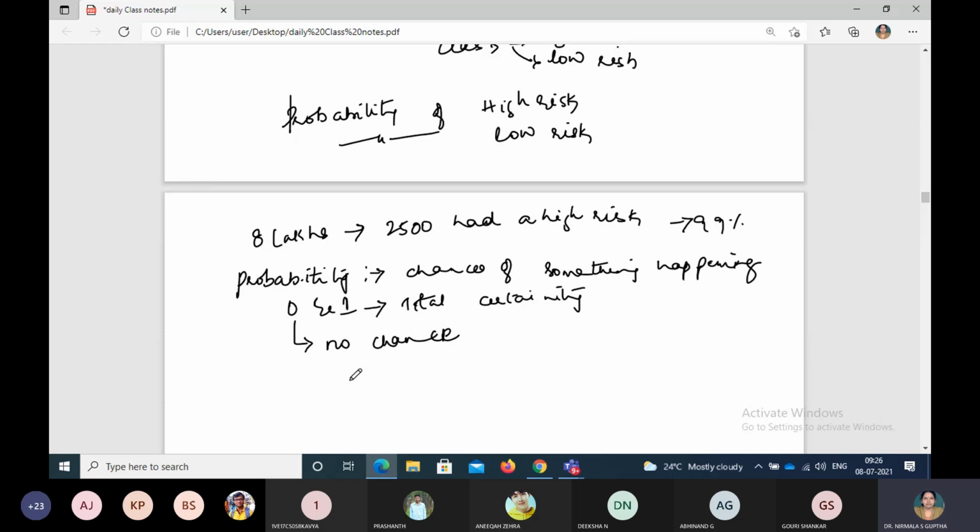Then the word Bayes, naive Bayes. We could see that the second word in the technique is Bayes. Actually, this word refers to an analysis called Bayesian analysis.